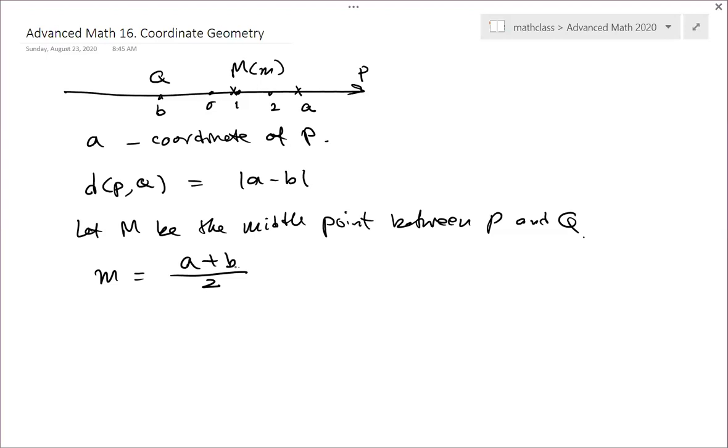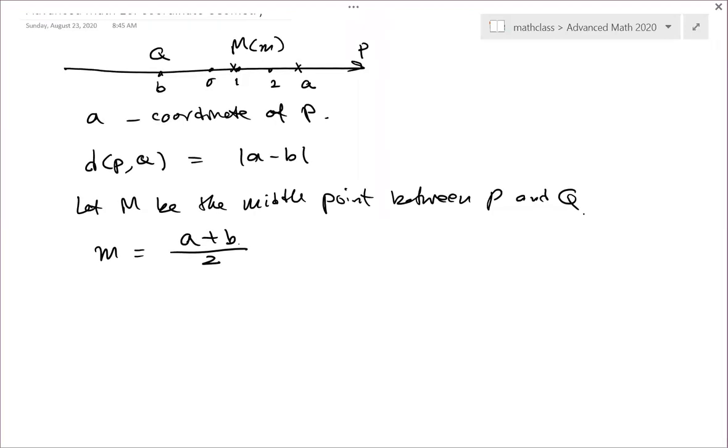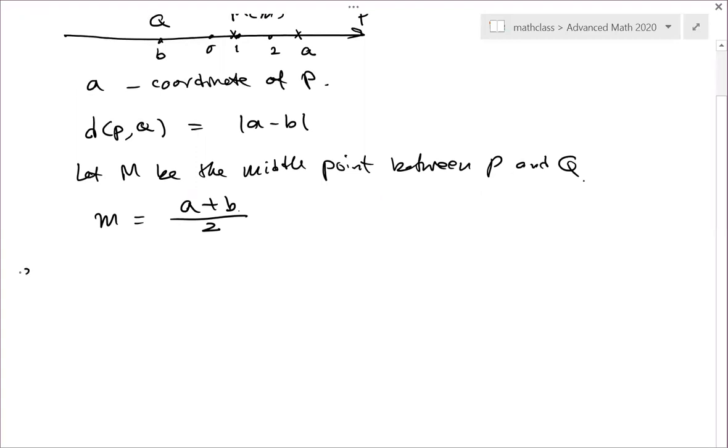That is the formula, and it's easy to understand. So that's all we need to know in one-dimensional coordinate geometry. Nothing else.